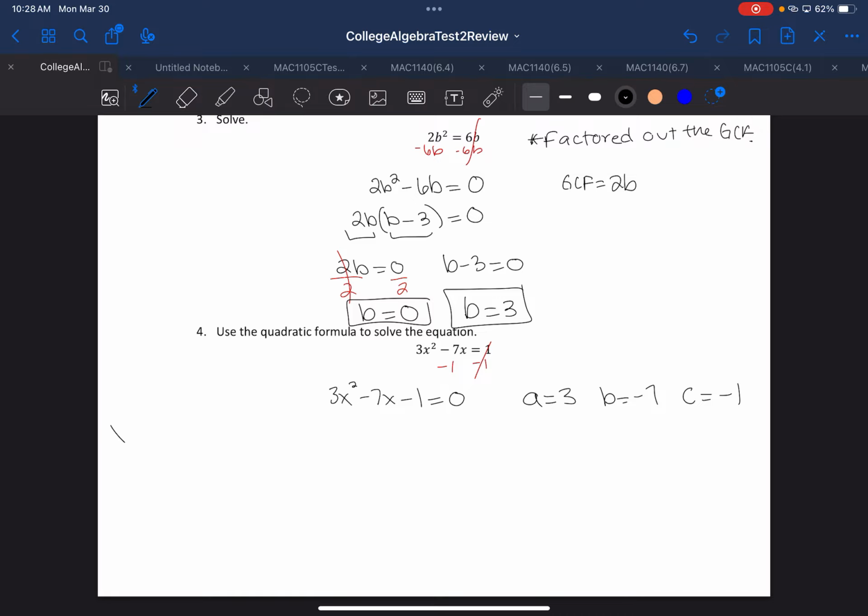And so plugging it into the quadratic formula is negative B. Because b here is already negative, that would just change it to positive 7 plus or minus the square root of b squared, so negative 7 all squared, minus 4 times a, which is 3, times c, which is negative 1, all over 2 times a, which is 3.